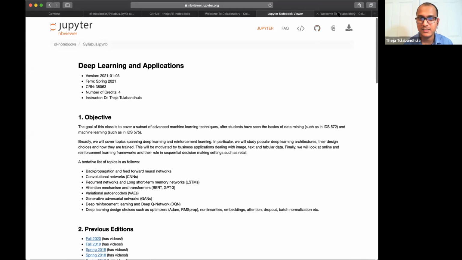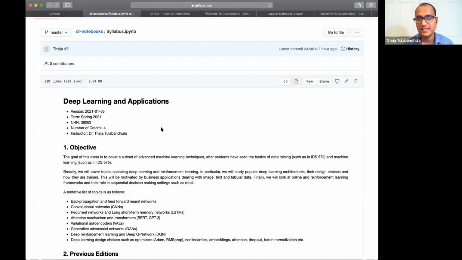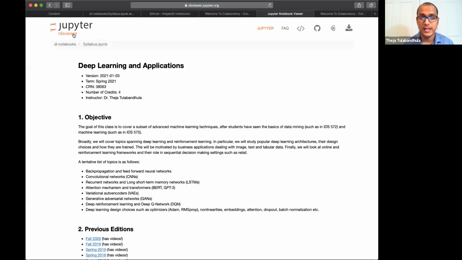The first option is to just click on the syllabus page and you'll get to a GitHub link like this. The second option is to use NB Viewer, a tool available from the Jupyter Foundation, Jupyter.org. And the third one is Google Colab.